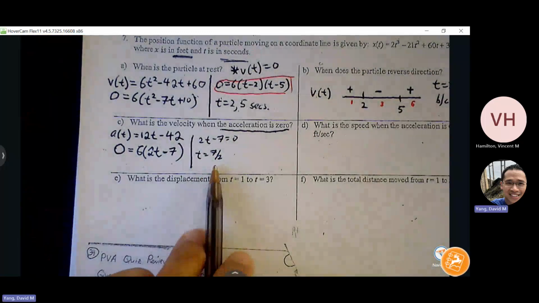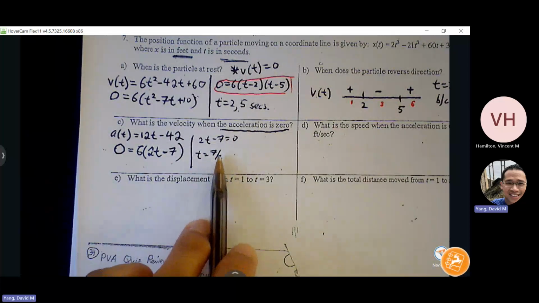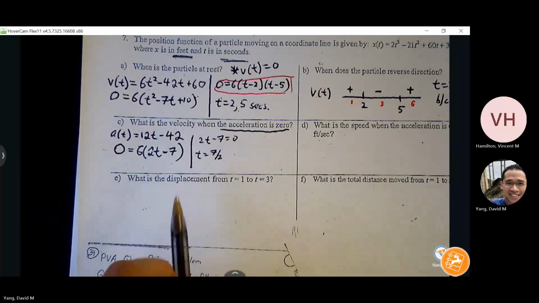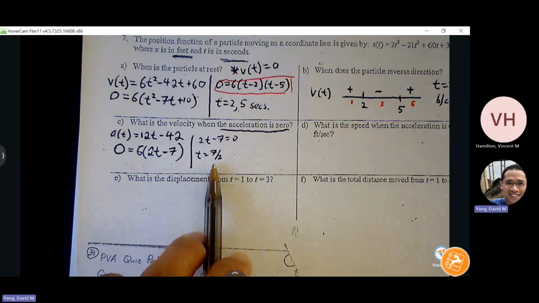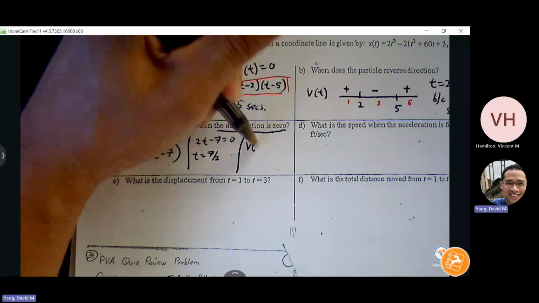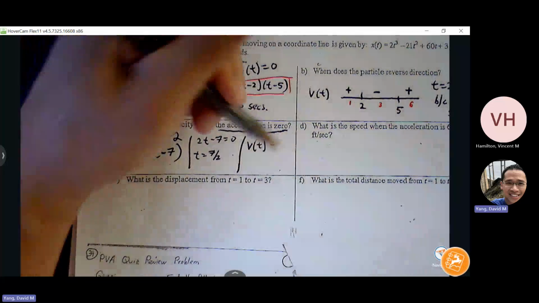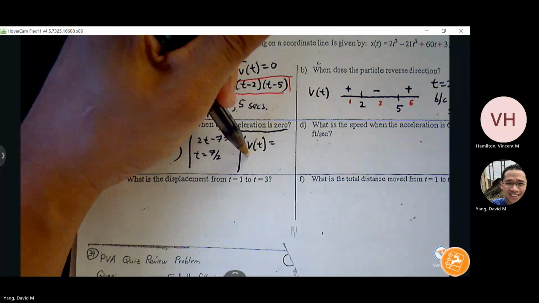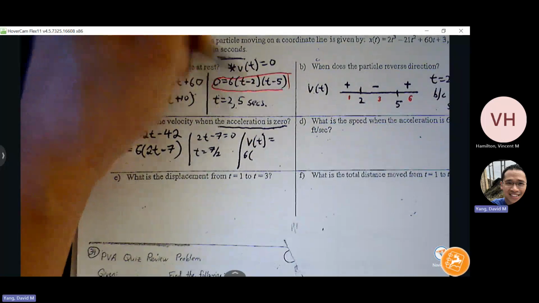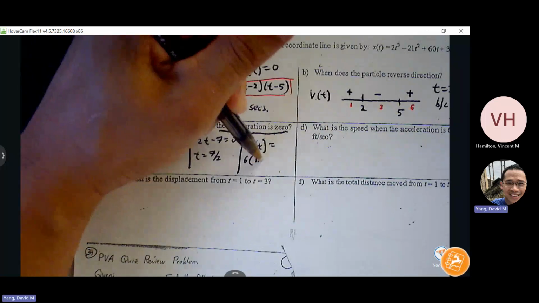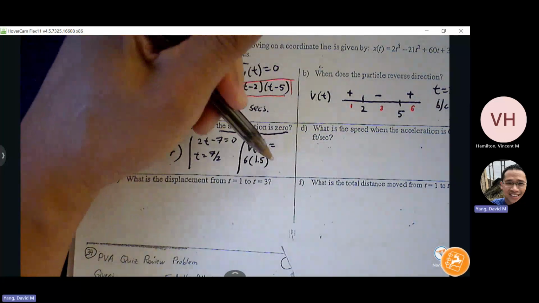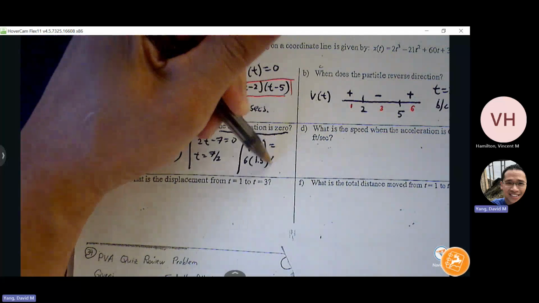So now that we have the time when acceleration is 0, how can we find the velocity? Okay. Yeah, plug 7/2 into the velocity function. Okay, so it's a little messy algebraically, but so 3.5, I'll put in the factored form here. 3.5 minus 2 is 1.5. 3.5 minus 5 is negative 1.5.